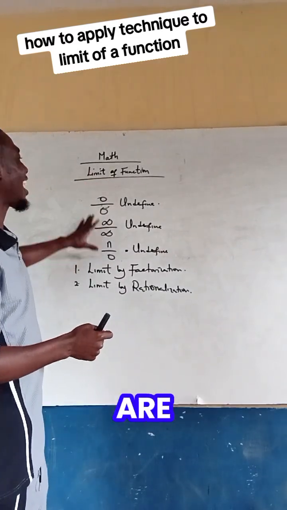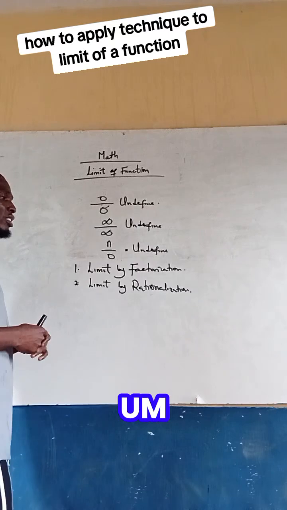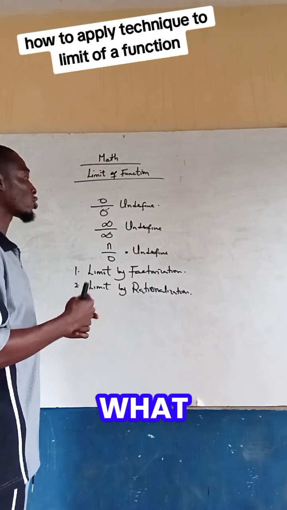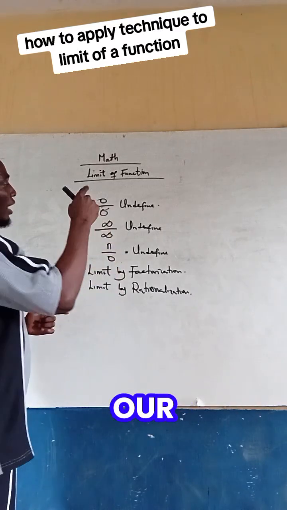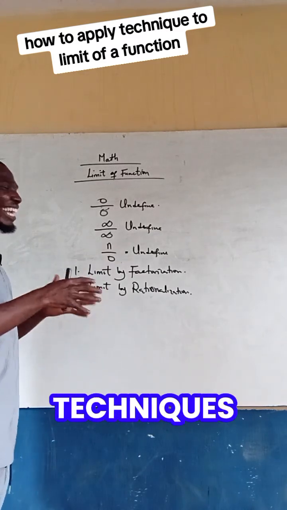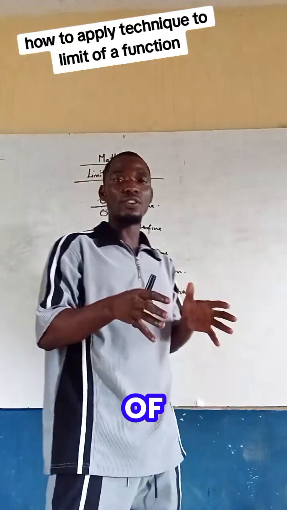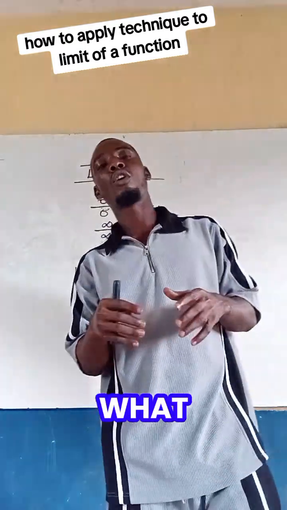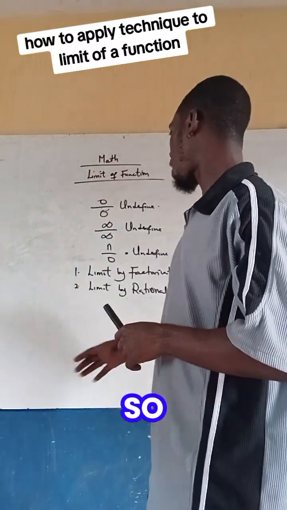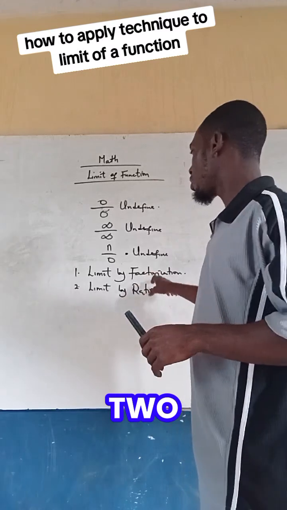All of these are regarded as undefined. So we must find another way to obtain our answer. So that method we apply are the techniques of limit. So I'll be talking on these 2 today.